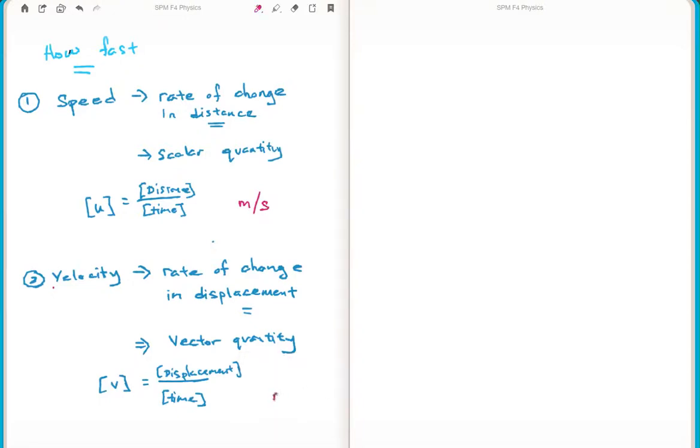The unit is also meter per second, and you also need to know whether it's north or south, due east, due west, to the left, to the right. For example, you give a sense of direction.